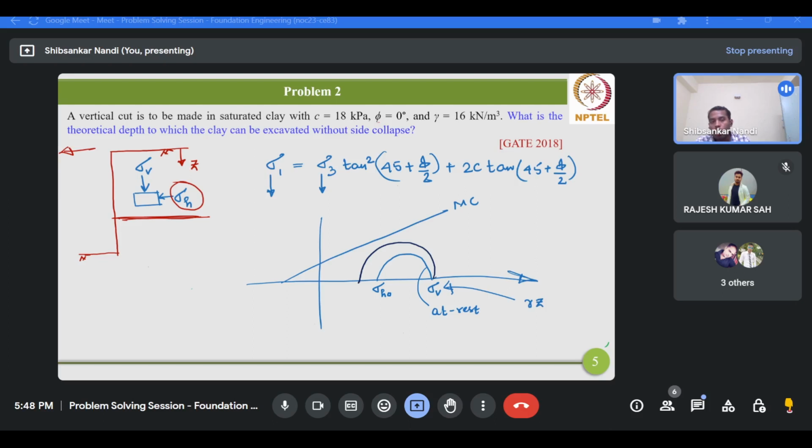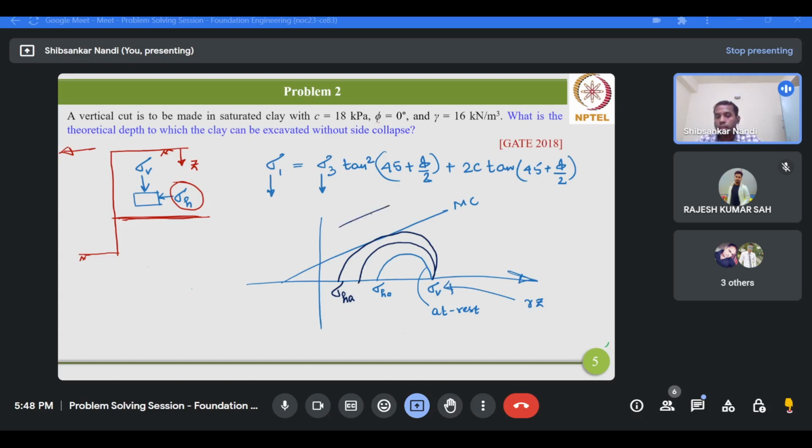Now a moment will arise when it will touch the Mohr-Coulomb failure envelope. This horizontal stress will give you the active earth pressure behind the wall at that level.